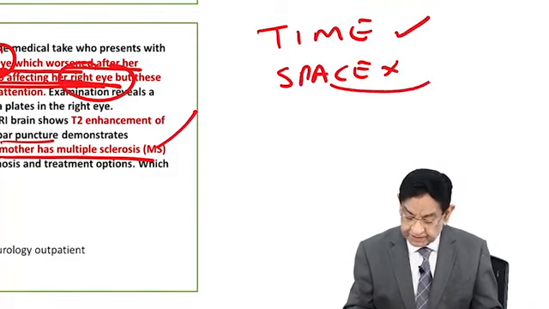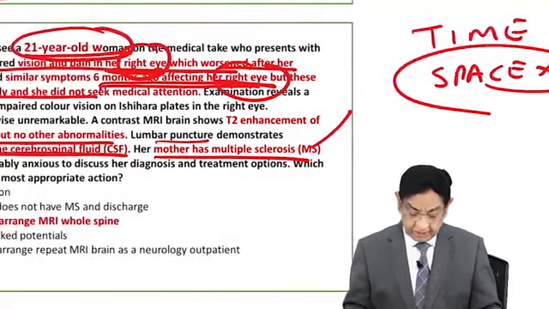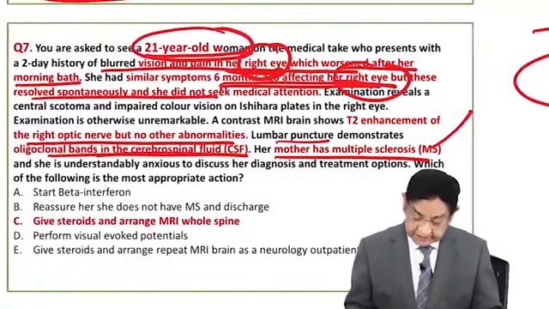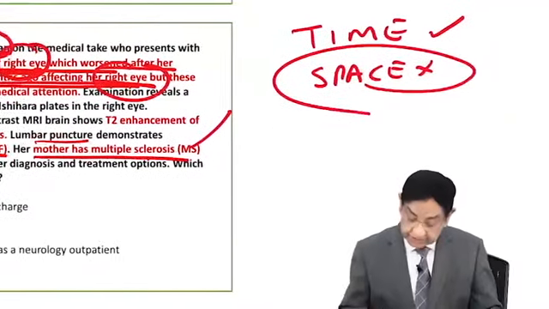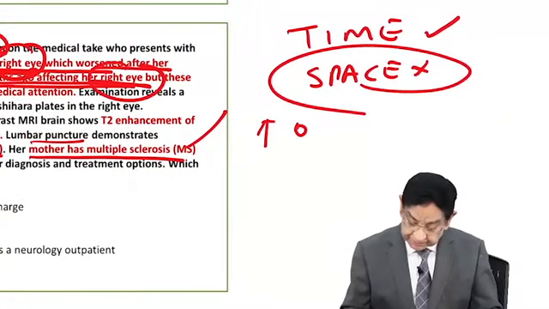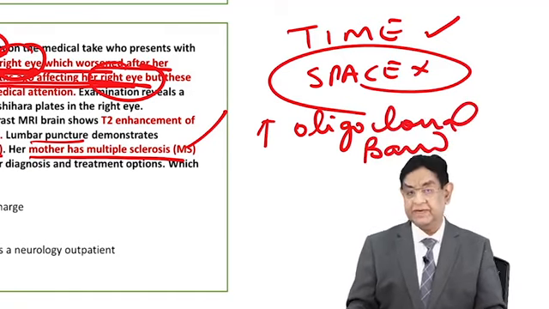There are no different places, right? The only supporting thing is that the CSF shows increased oligoclonal bands. This is again a feature that we see in MS.